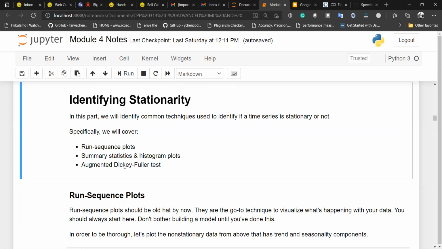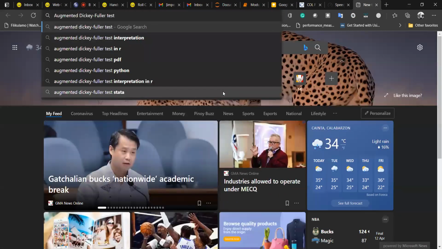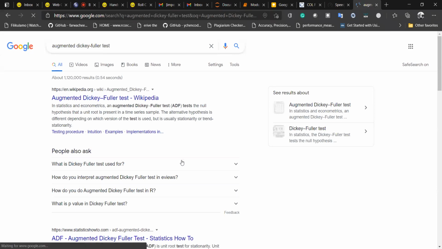The augmented Dickey-Fuller test is used to test whether the signal is stationary or not. In statistics, this augmented Dickey-Fuller test tests the null hypothesis that a unit root is present in a time series sample.